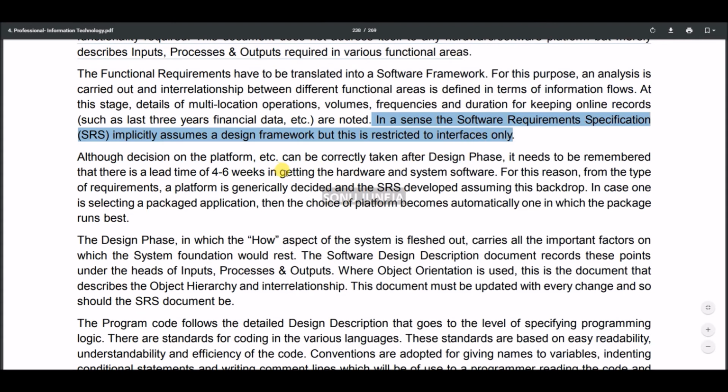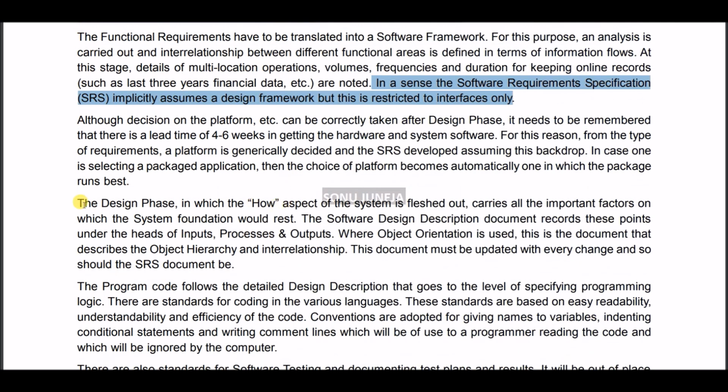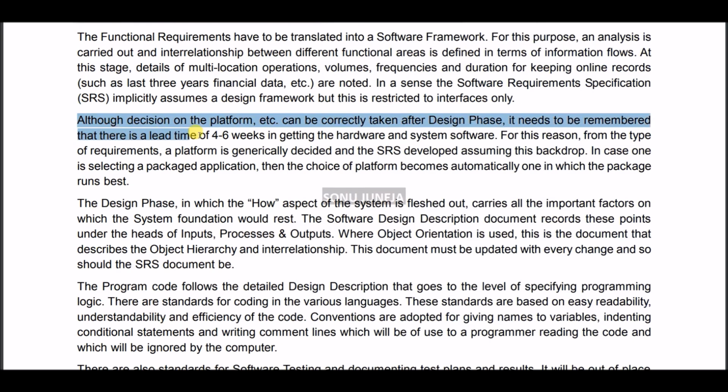So financial data has to be restricted to a specific interface. Then a special module is created for other data to be functional accordingly. Although the decision on the platform etc. can be correctly taken after the design phase, it needs to be remembered that there is a lead time of 4 to 6 weeks in getting hardware and system software.